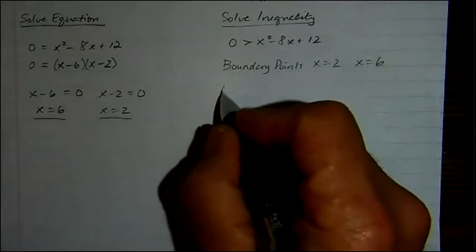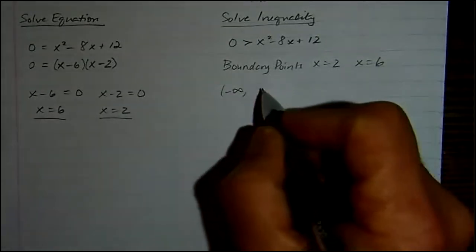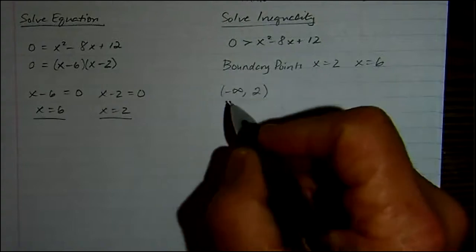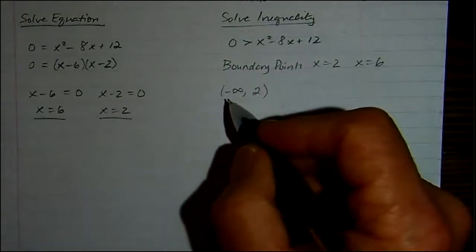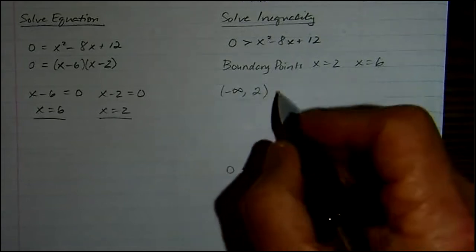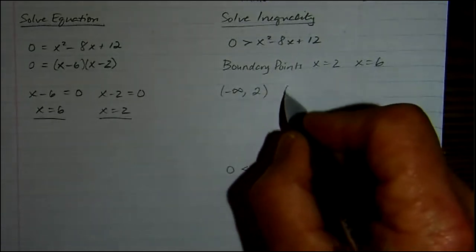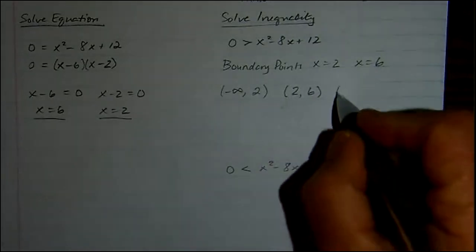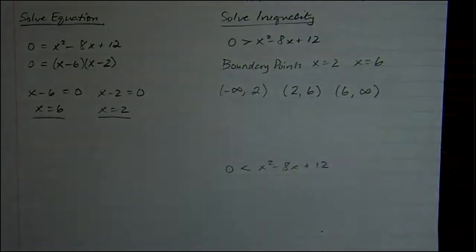My first interval is going to start from minus infinity and go all the way up to 2. Why? Because in this section, for this expression, I can pick any number in this interval from minus infinity up to 2. And I can also pick any number between 2 and 6, and any number between 6 and infinity.